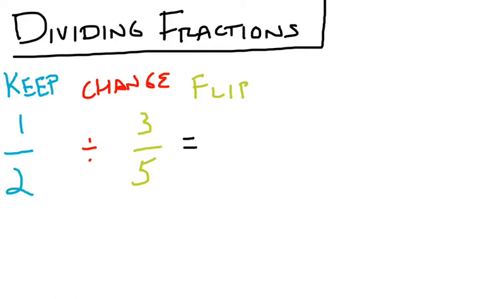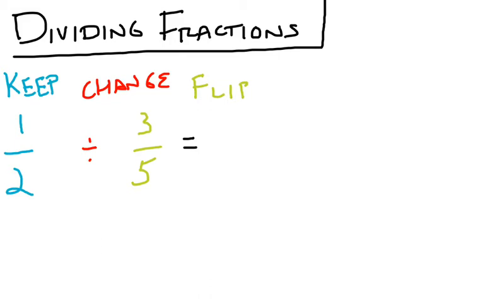That means I keep my first fraction, change my division into multiplication, and flip my second fraction. That's also called its reciprocal. So keep, change, flip.